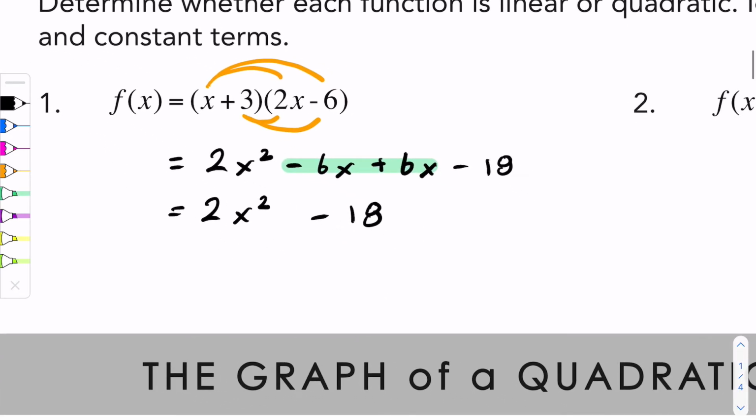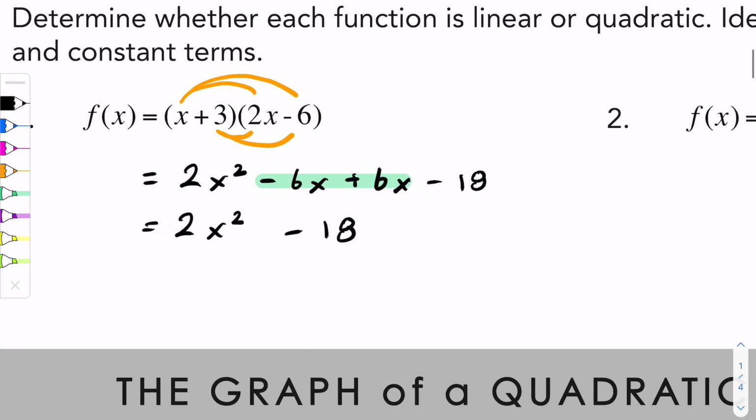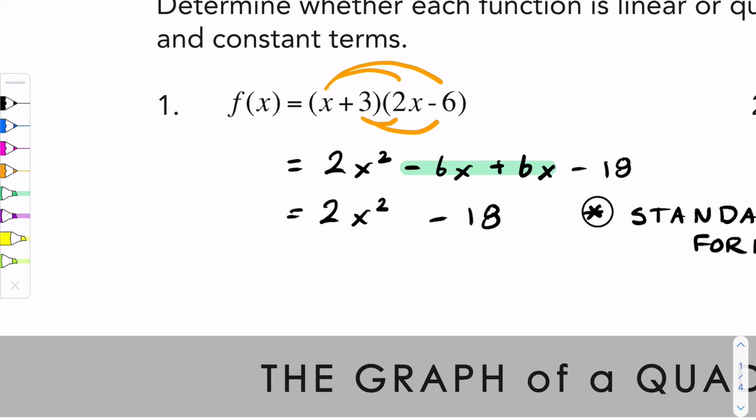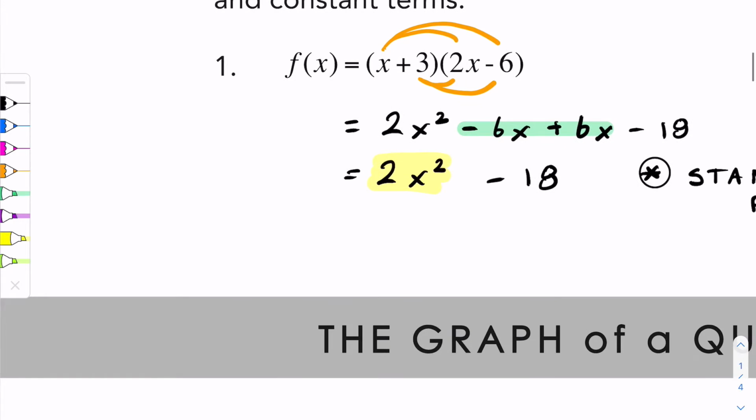Alright, so you always want your function in standard form in order to identify if you have a linear or a quadratic. Because we have a squared term, anytime you have a squared term, you're going to have a quadratic function.